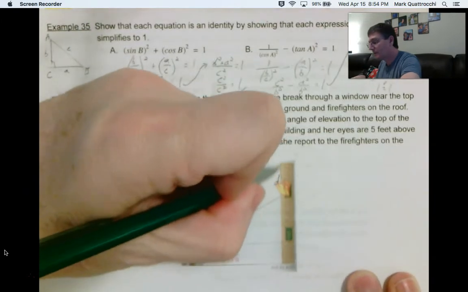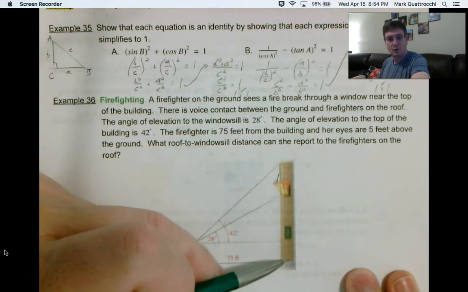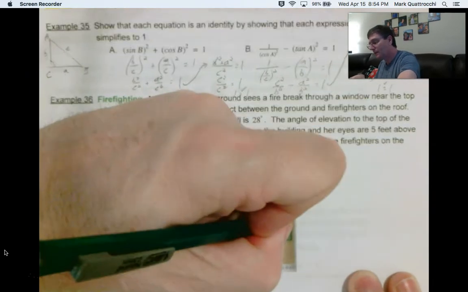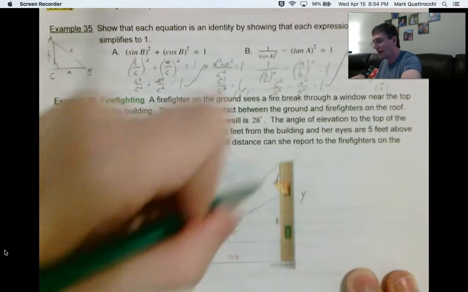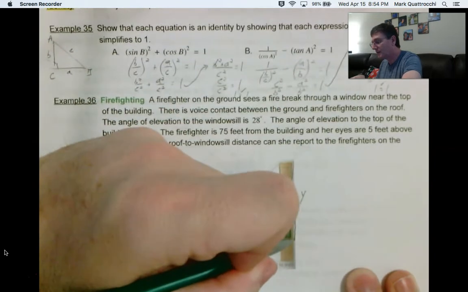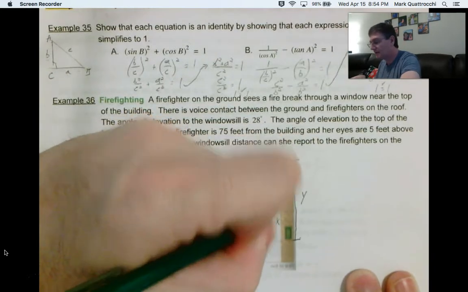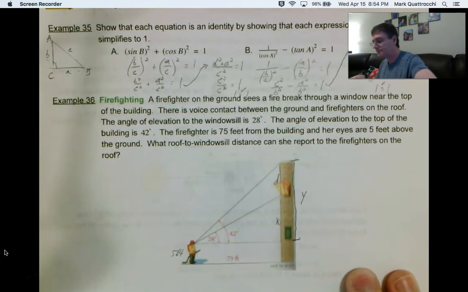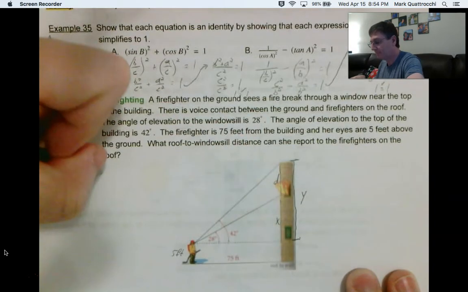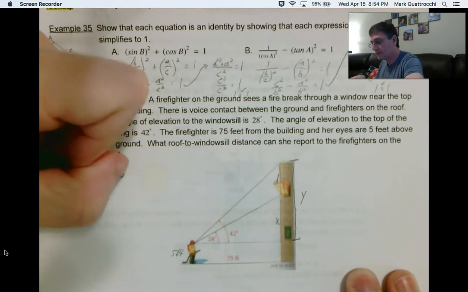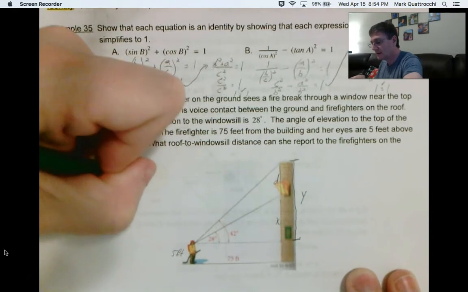Okay. Well, D, there are two right triangles here. Call this one x, and call this y. Y is from here to here, x is here to here, right? So tangent 28 degrees equals x over 75.